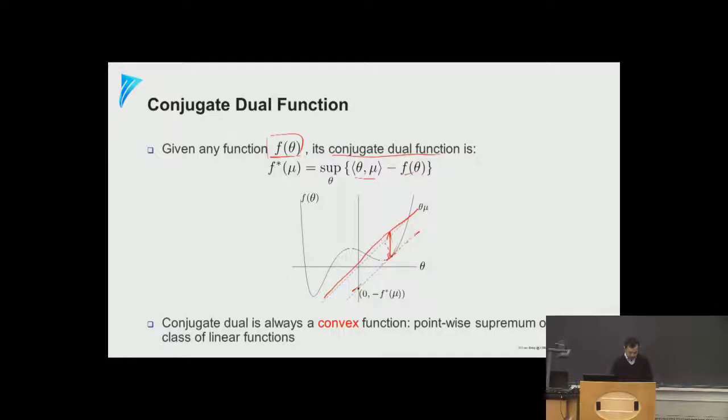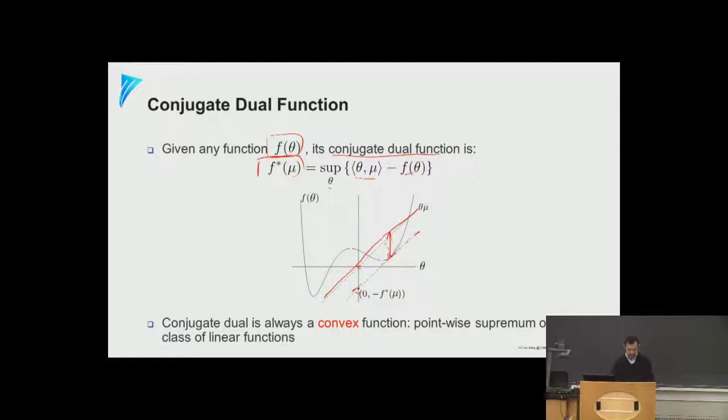And it can also be obtained on the axis. Basically, you can define this function for every mu, okay? And the optimizer, theta, can also be in all different places. And this function is called the conjugate dual of the original function.